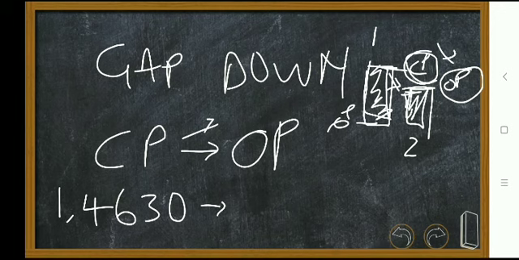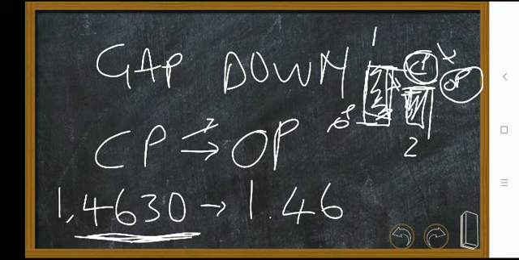We expect the opening price of candle number 2 to be 1.4630, but due to volatility, momentum, whatever you may call it, the opening price is not 1.4630, it's 1.4620. You see, it has decreased. That's why we call it a gap down.